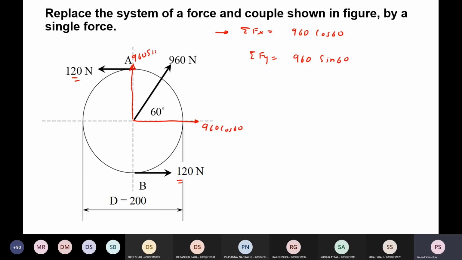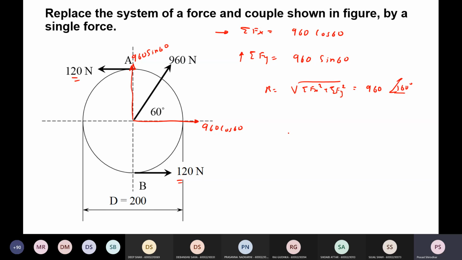This is 960 sin 60, and this is 960 cos 60, and this is upwards, and this is in the right hand direction. So R becomes the square root of summation fx square plus summation fy square, and this is 960, and it is at an angle of 60 degrees. Right?